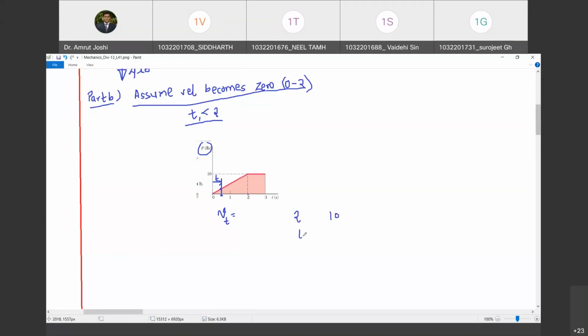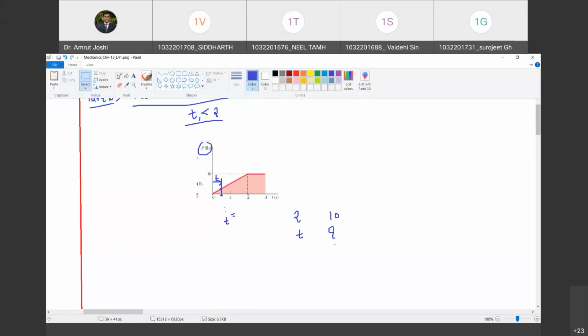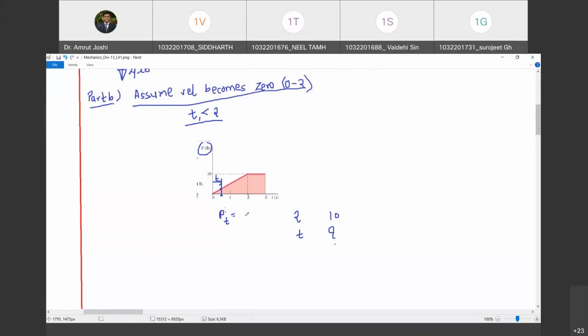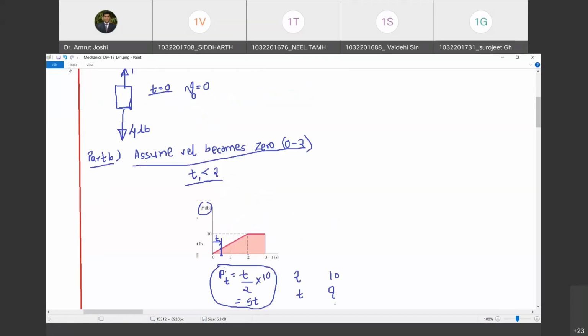Up to a time t, you will get a force of P(t) equals t by 2 into 10, that is equal to 5t. So the force that you will have at time t will be equal to 5t.